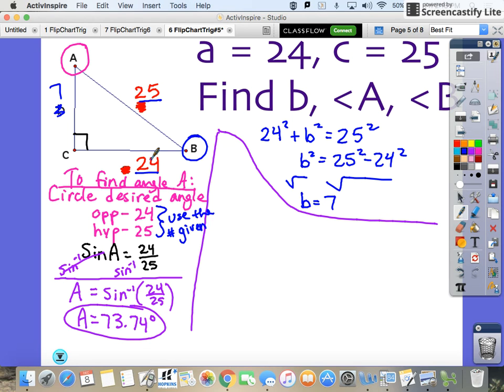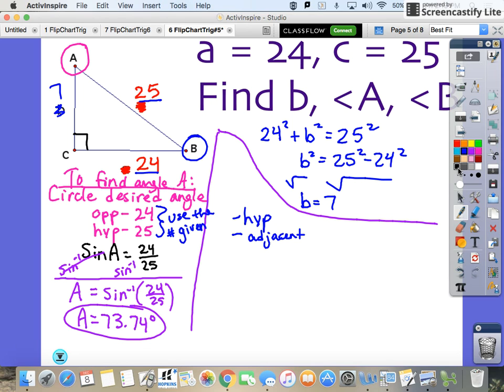So we want to use 24 and 25. This would be our height, that's our opposite, so this is the adjacent. So we want to use our hypotenuse and our adjacent side, because those are the two we're given. Based on B, that's the hypotenuse, and that's the adjacent.